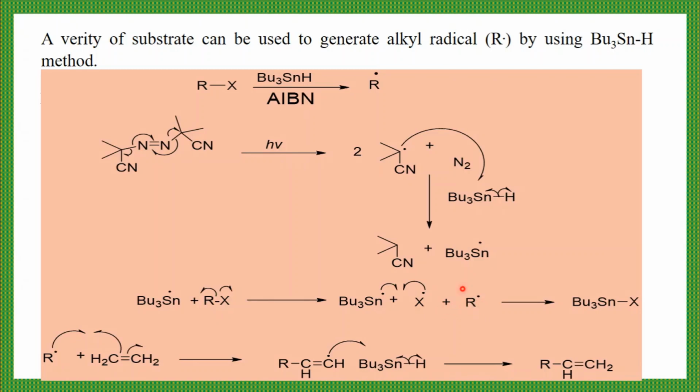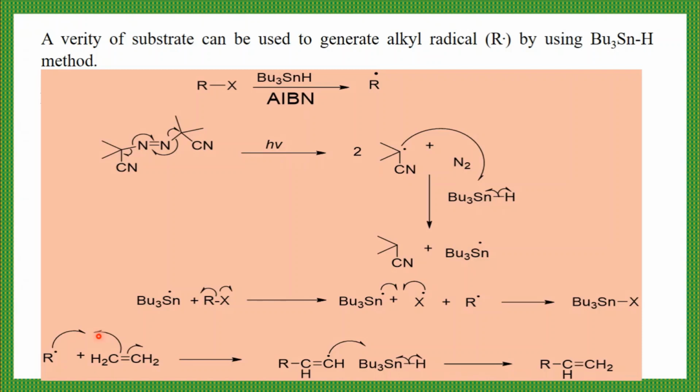Then the application of this tributyl tin hydride is that you generate the R radical from this alkyl halide. You can add this R radical to any carbon-carbon double bond or carbon-carbon triple bond, and you can use this radical for intra- or intermolecular carbon-carbon bond formation.